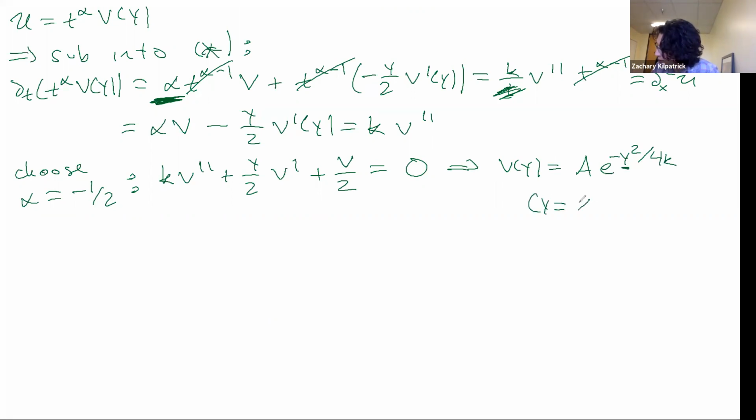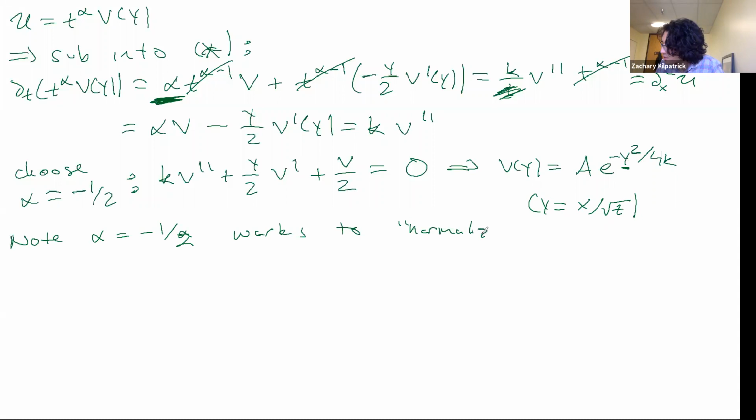Remember, y is equal to x over the square root of t. So we could plug that in and we would get an expression in terms of u. We can note that alpha equals minus a half works to normalize our solution.